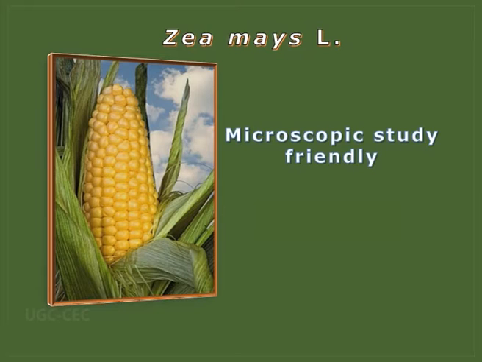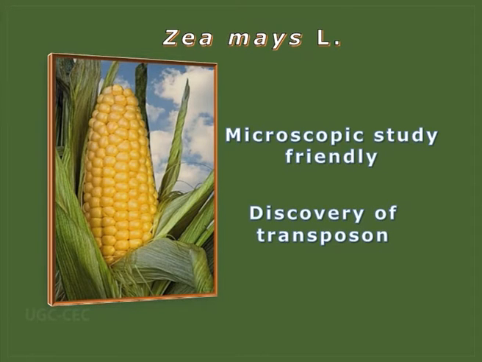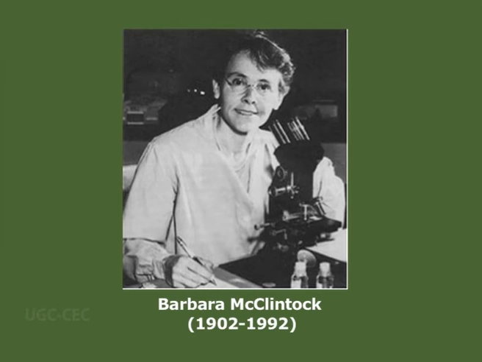It is suitable for microscopic studies. It is very friendly to study under a microscope, and for the first time the discovery of transposons, or the jumping genes, was done by Barbara McClintock using maize only. So this is a marvelous discovery in the field of molecular biology, wherein we could understand the concept of jumping genes for the very first time in maize.